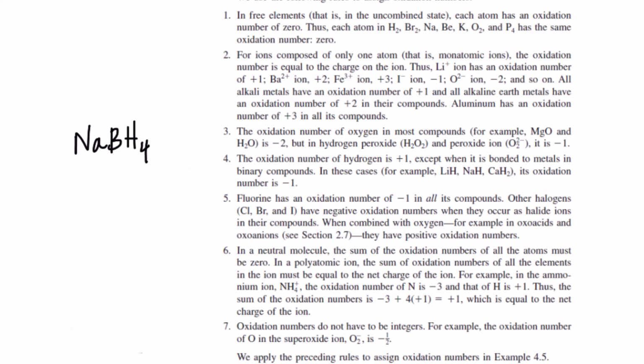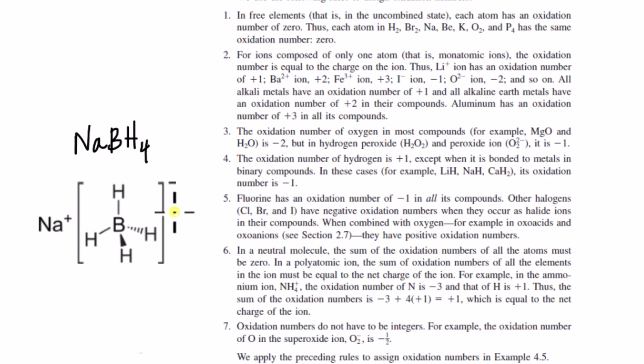So for any chemical compound involving hydrogen, we can look at the structure of that compound. So here's the structure of sodium borohydride. And we can see this is actually an ionic compound, a bond between Na+ cations and BH4- anions.